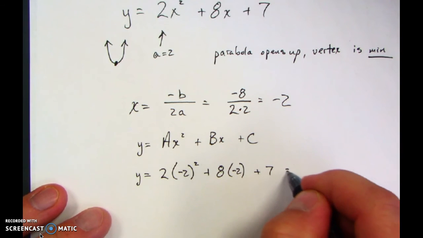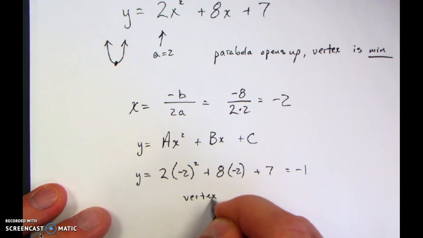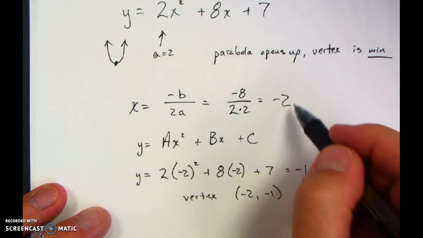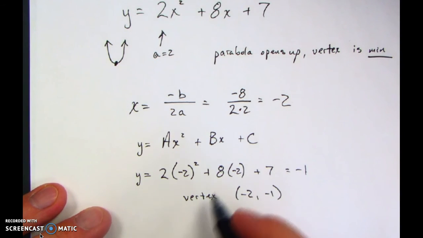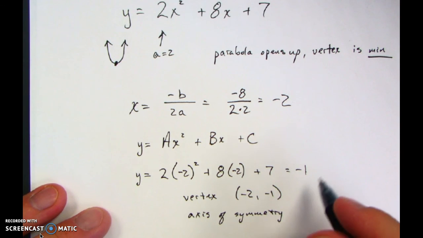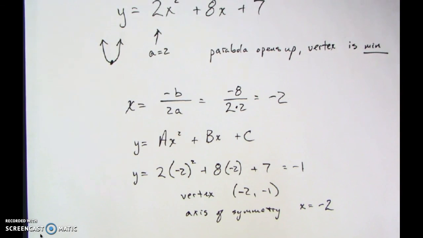That is equal to negative 1. So that just tells us that the vertex is at negative 2, negative 1, because there's my x and there's my y, which also tells us our axis of symmetry. Again, it goes through that point, and the equation for the axis of symmetry would be where x equals negative 2.